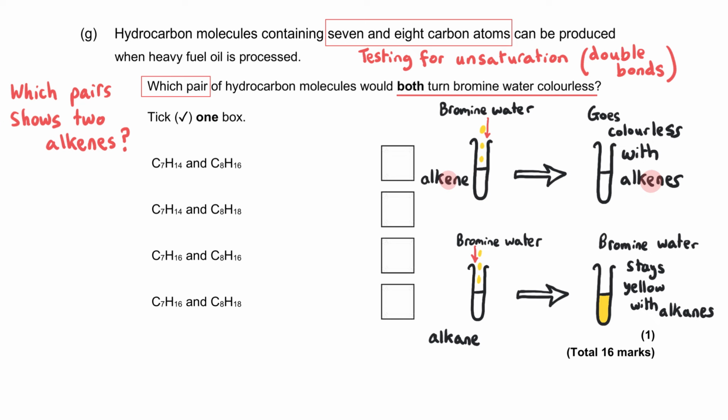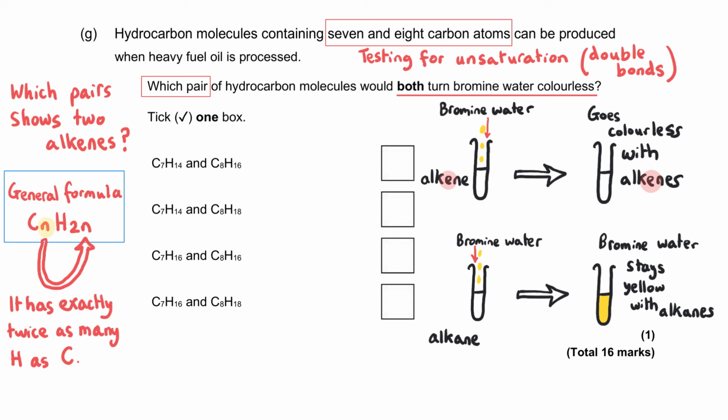The hydrocarbons that are alkenes have the general formula CnH2n. In other words, the number of hydrogen atoms has to be double the number of carbon atoms. For our hydrocarbon with 7 carbon atoms, we double 7 to get 14 hydrogen atoms.